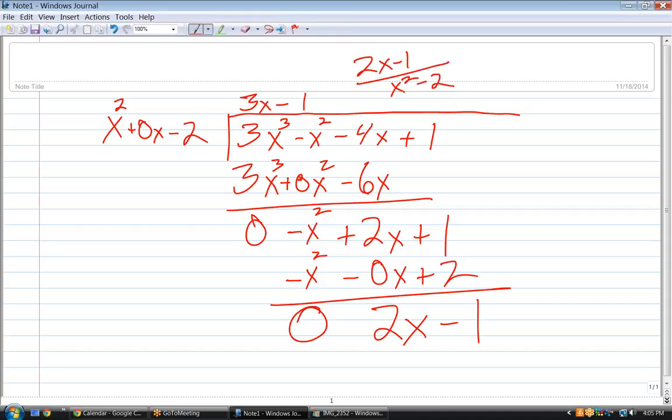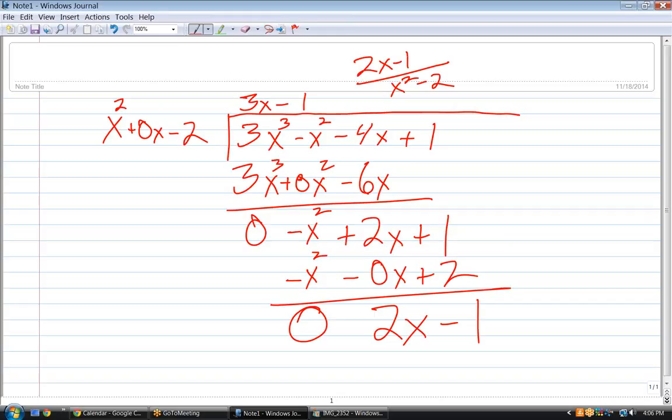Okay. I got something wrong here. What do I got? No, I got it right. Now, if we wanted to see whether we did it right, then we would multiply this times that and add to it this multiplied by that. And we would end up getting this third-degree polynomial there.